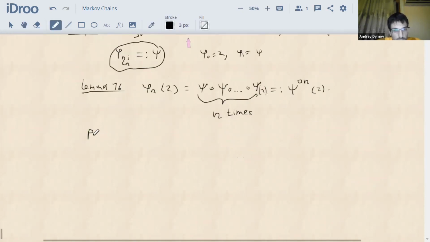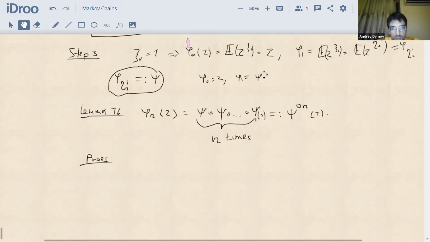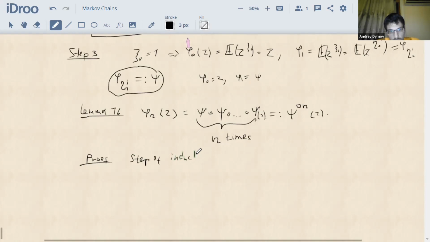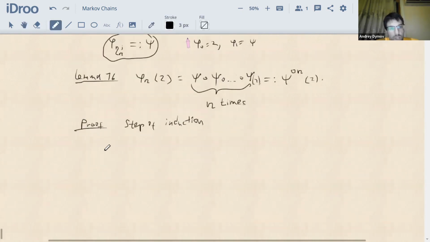Let us prove it. So actually we already have the base of induction because phi 1 equals psi. Now we need to prove the step of induction. We assume that this holds for n, and let us prove it for n plus 1.